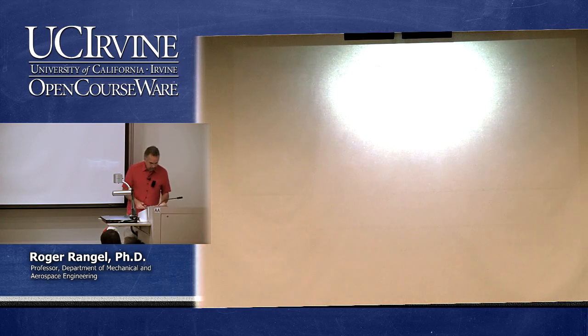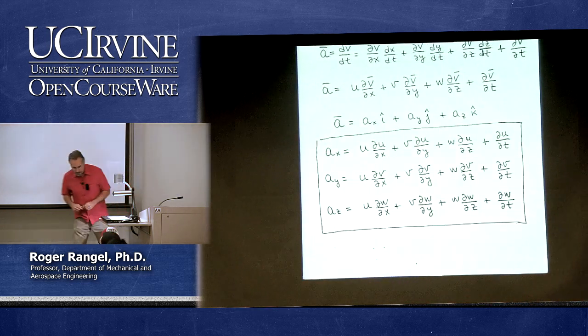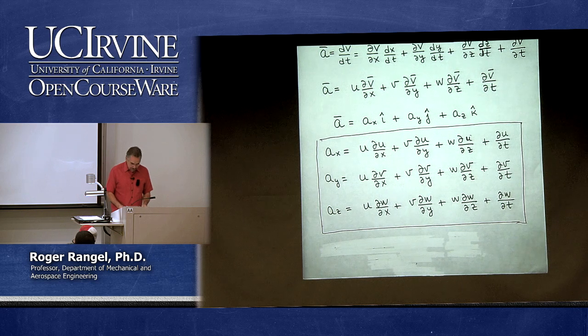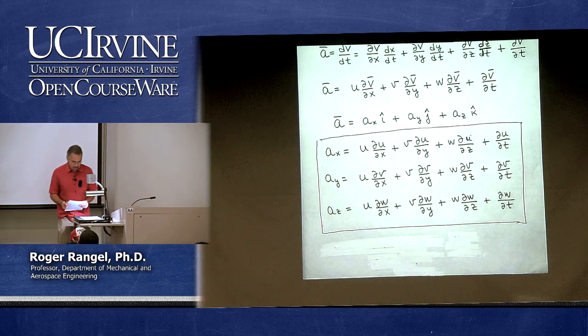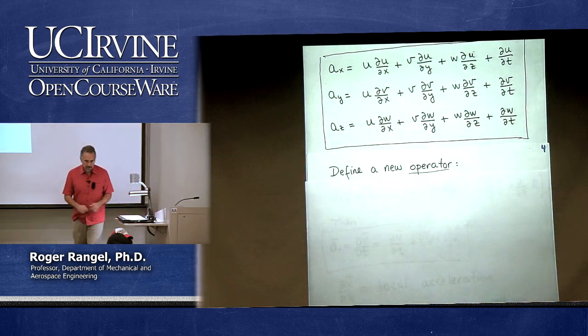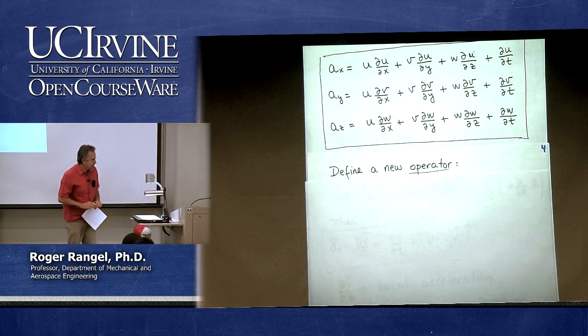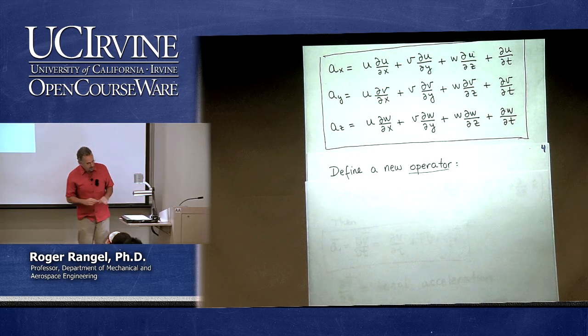So let me tell you how we can write this in a more compact way. The answer is yes, and it is the following. You realize now why you need to have vector calculus to take this class, because there is all this stuff that has to do with field variables.